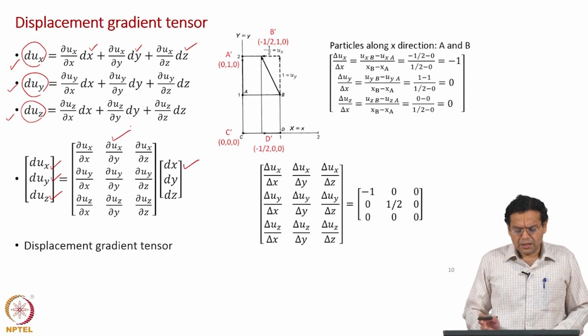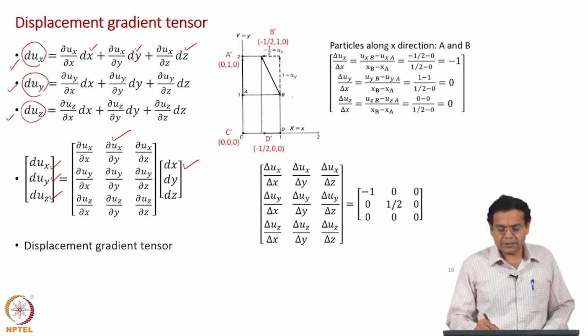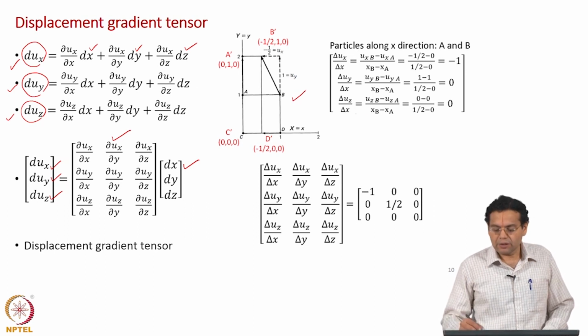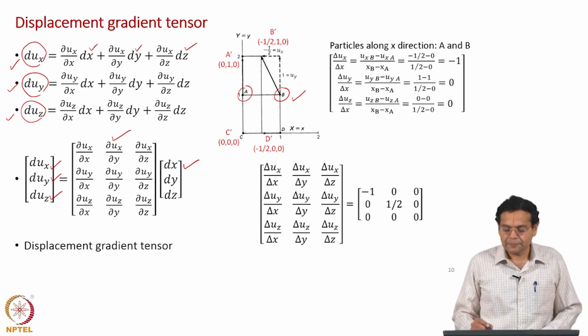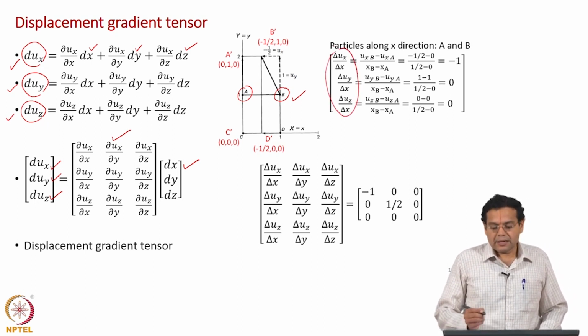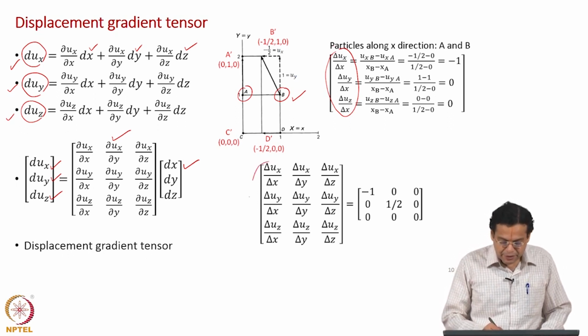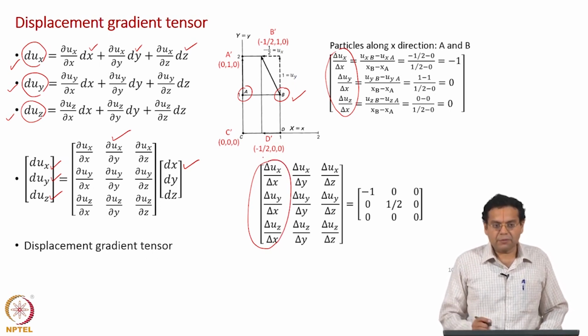Now, look at the example which I have seen earlier. We took this example and then found out, we took 2 particles along x direction. We found out these 3 derivatives in terms of difference in x, y, z displacement, and then we wrote this in the form of a column, not in the form of a row.